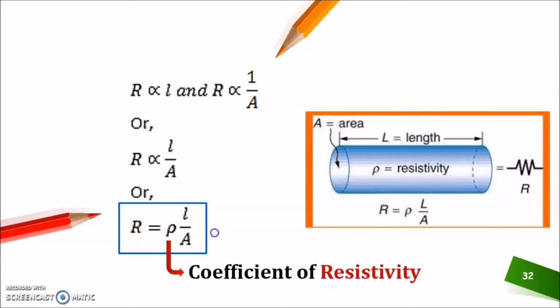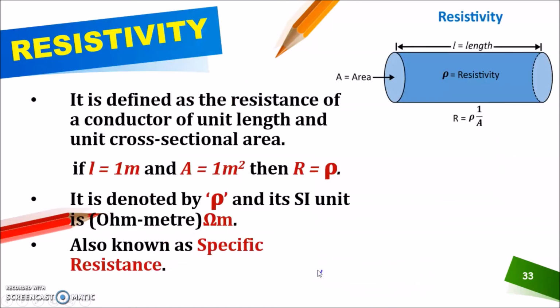Okay, so now let's study the concept of resistivity a little bit. What is resistivity? It is defined as the resistance of a conductor of unit length and unit cross-sectional area. Understood?